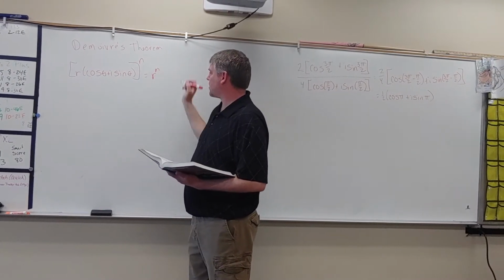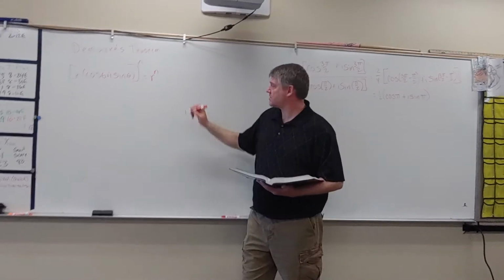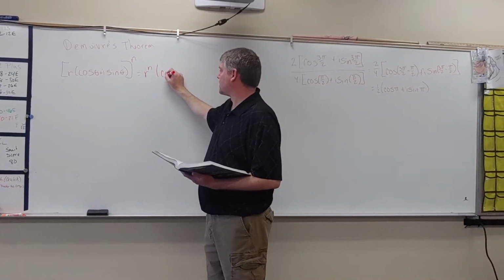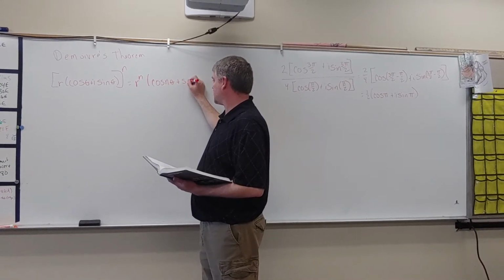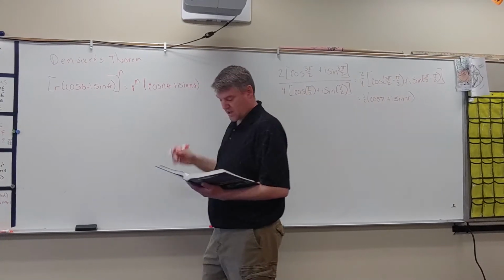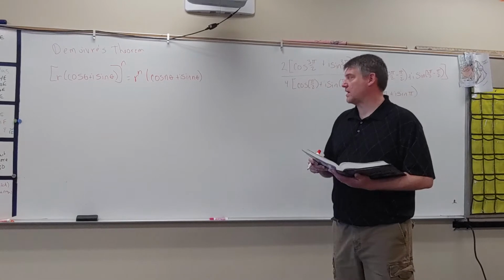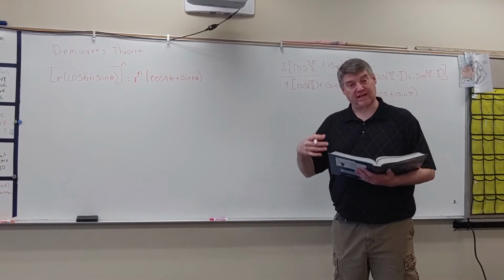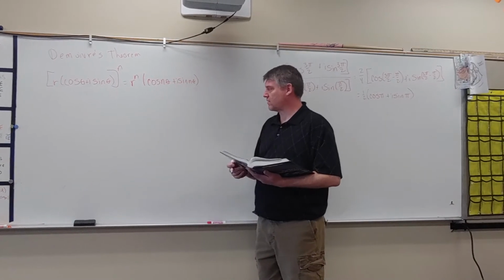So this becomes r to the n. It almost looks like r to the r to the n. And then inside we have cosine of n theta plus i sine of n theta. We end up bringing the power inside to multiply the angle here.